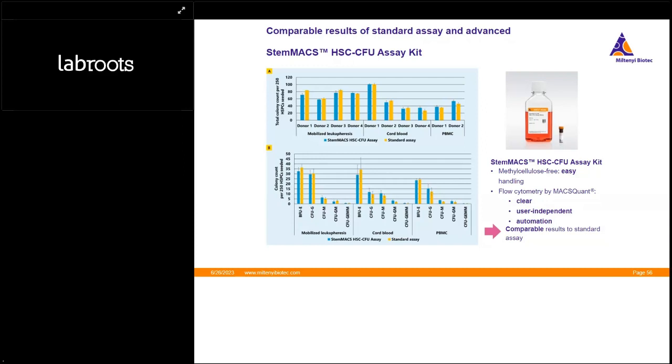So again, this is a user-independent, clear, and automated way to do this in a high throughput manner. Especially if your lab does not have a very experienced technician who can efficiently determine the CFU by using a microscope, this is strongly recommended for you to give a try.